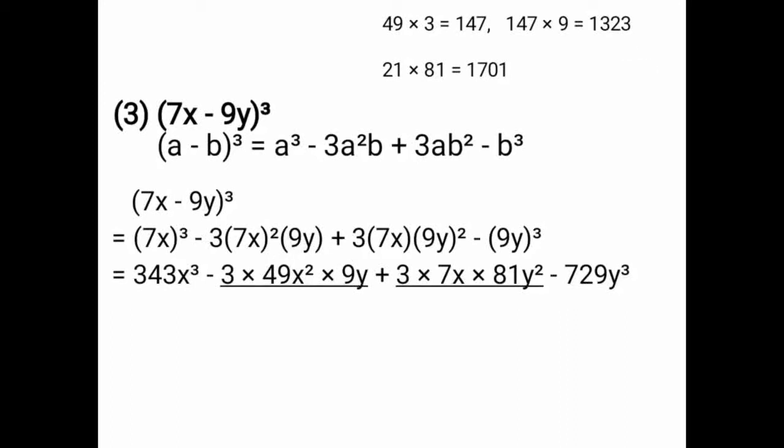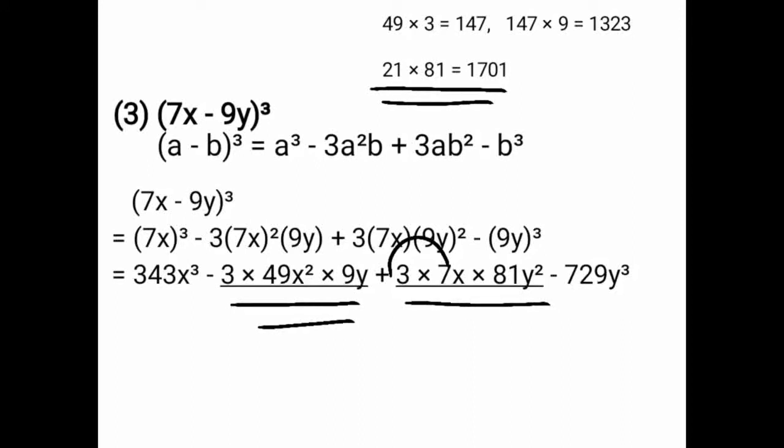Now we will solve the plus 3ab square part. 3 7s are 21. Multiply 21 into 81. I multiplied here, I am getting the answer 1701. In plus 3ab square, the answer is coming 1701 into x into y square, that is 1701xy square. The minus 3a square b part I already told you.